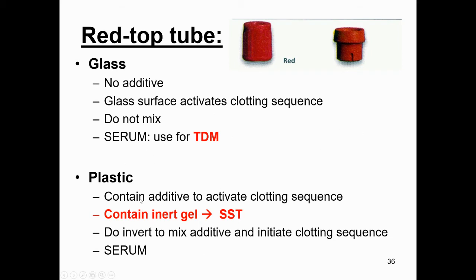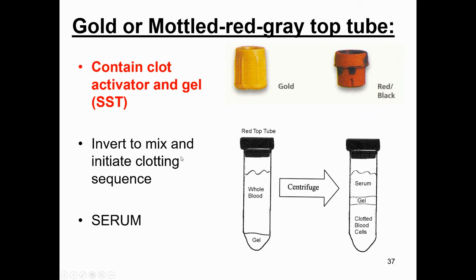So the sample is serum. The gold top, or red gray top tube, or camouflage, contains a clot activator or serum separator. So you need to mix it. For example, in the red top tube, the gel is not yet inside.